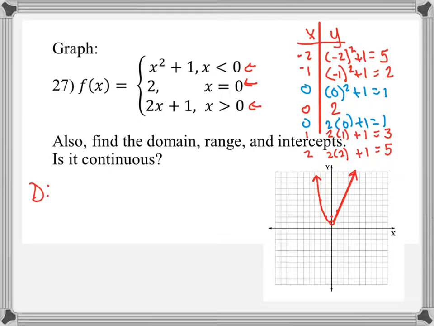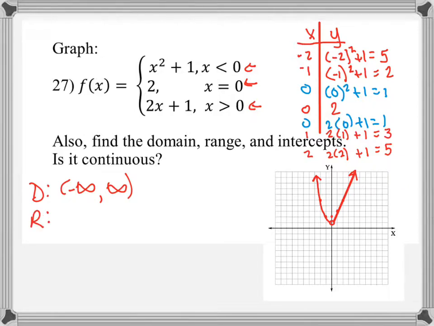So for its domain, are there any values of x for which this function is not defined? It's going to keep going on the left-hand side forever. It's going to keep going on the right-hand side forever. Even that strange point where x equals 0, we do have a defined point at (0, 2). So our domain is all real numbers, -infinity to +infinity.